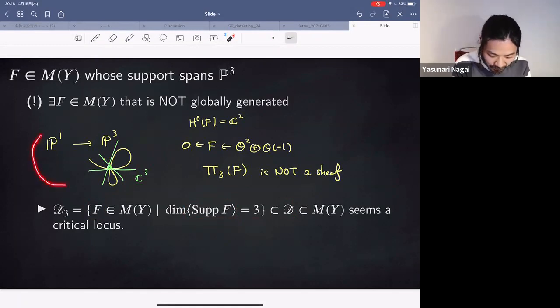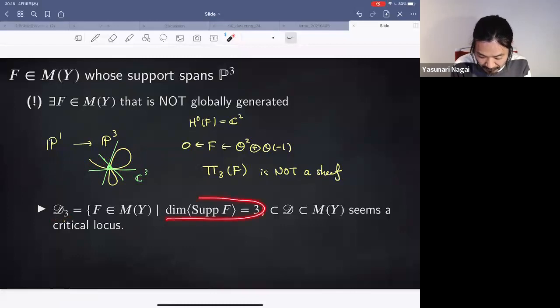Yeah, here, this kind of curve can live on a singular cubic surface, but we cannot produce this kind of singularity in P4. So this P3 condition, spanning P3 condition, seems to be very critical.